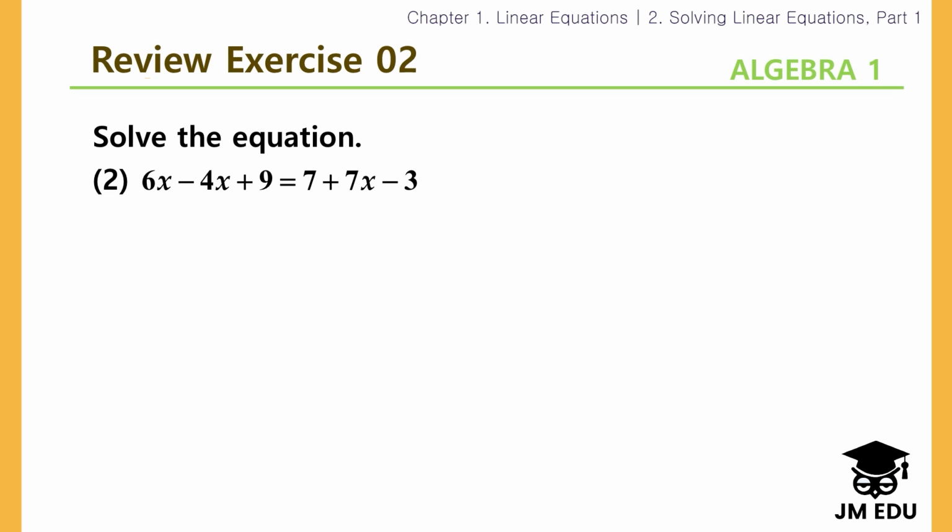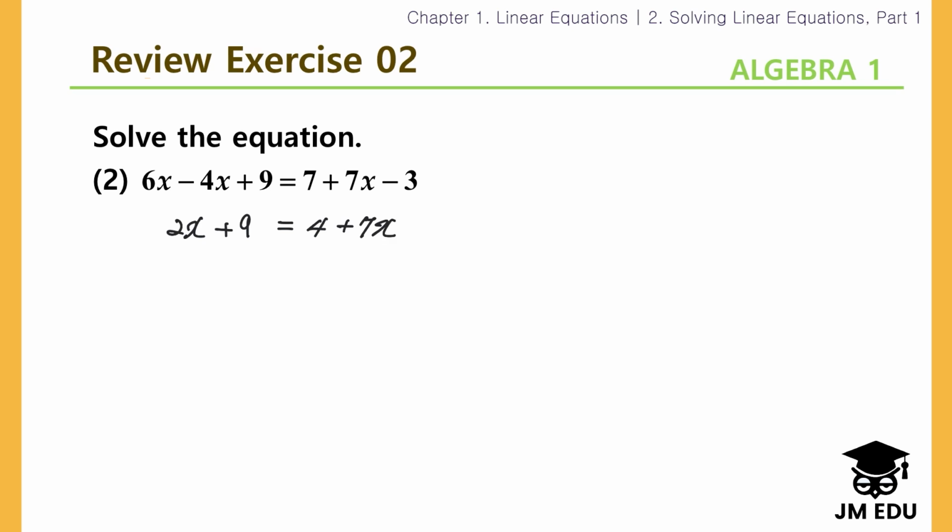Number 2, let's simplify like terms first. We have 6x minus 4x, 2x terms. We have 7 and negative 3, 2 constants on the right side. So on the left hand side, 6x minus 4x, that's 2x, plus 9 is equal to 7 minus 3, that's 4 plus 7x.